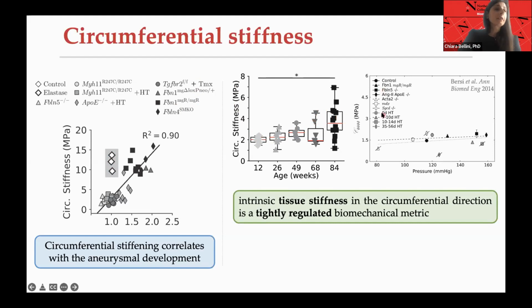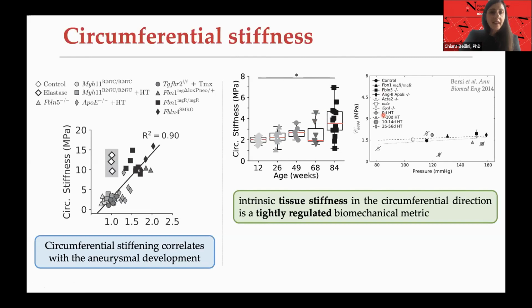And second, carotid arteries tend to adapt mechanically in many cases of altered hemodynamics and disease by maintaining circumferential stiffness near a homeostatic preferred value, which is thought to be mechanobiologically favorable.